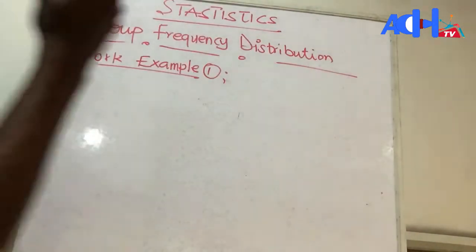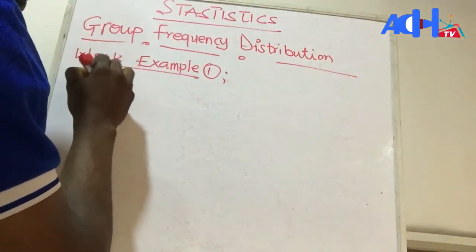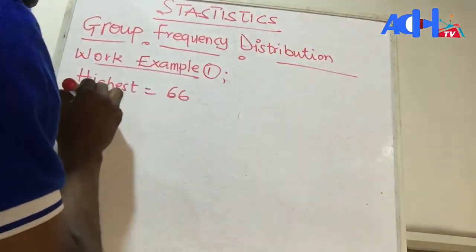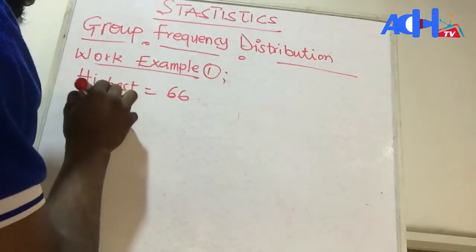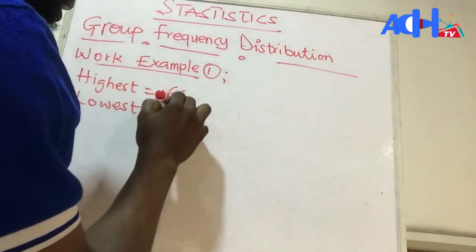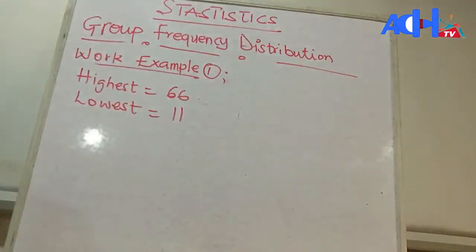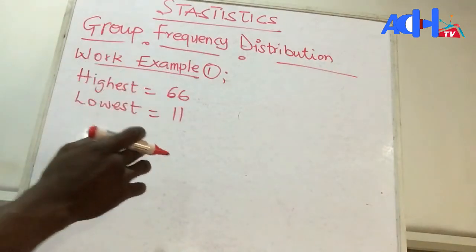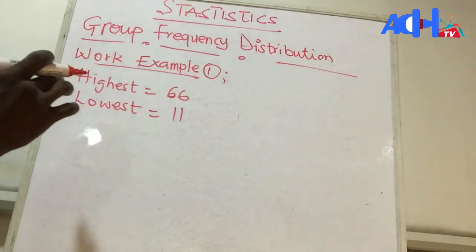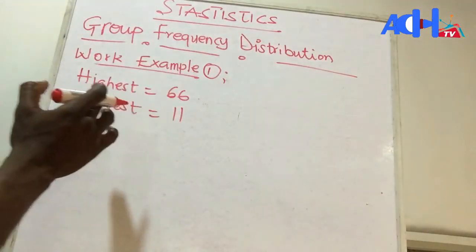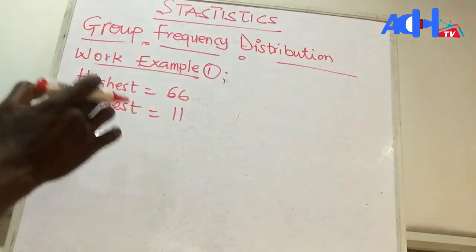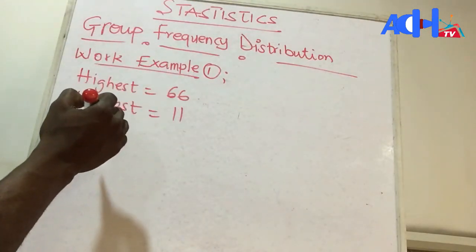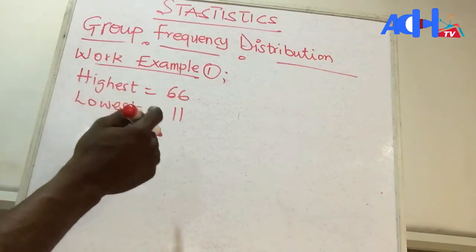The highest value of the work example is 66, and then the lowest value is 11. When you divide them, you get 6, which you can do by punching on your calculator.